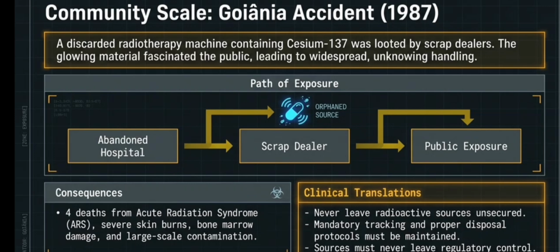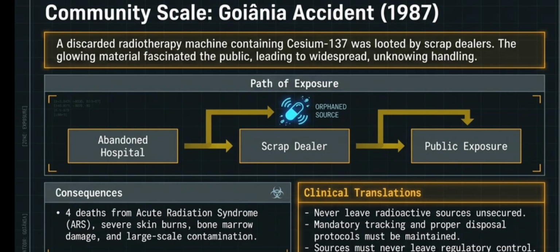The consequences were devastating: immediate death of courageous workers and firefighters, a massive spike in thyroid cancer due to radioactive iodine exposure, and long-term environmental contamination. For clinical practitioners, the takeaway is clear.